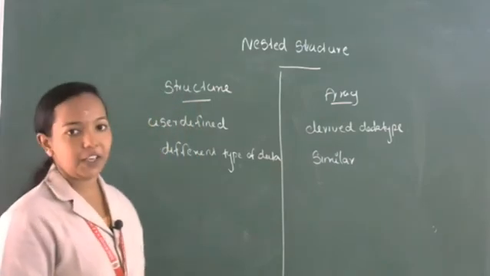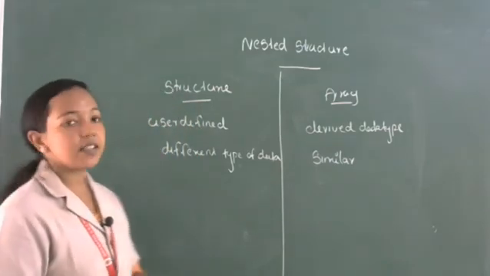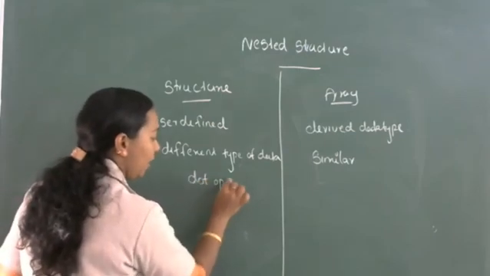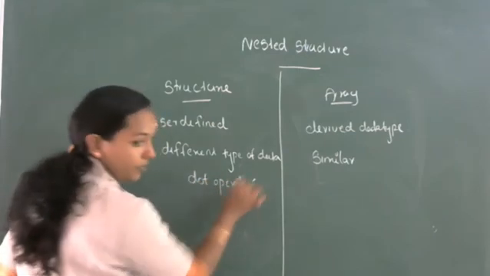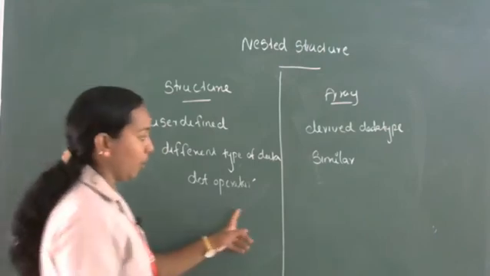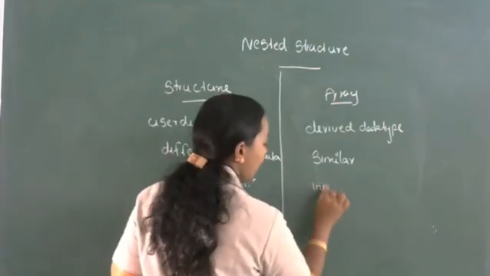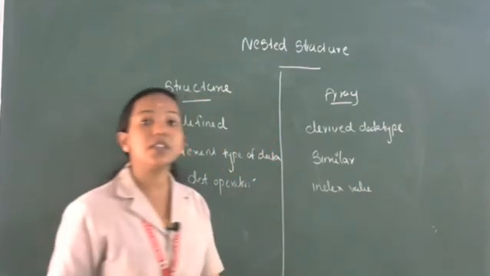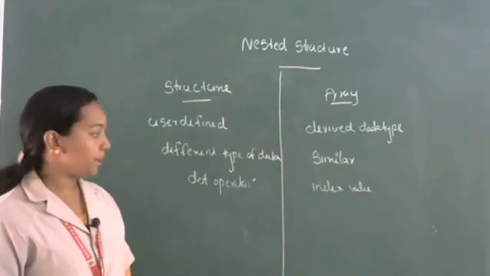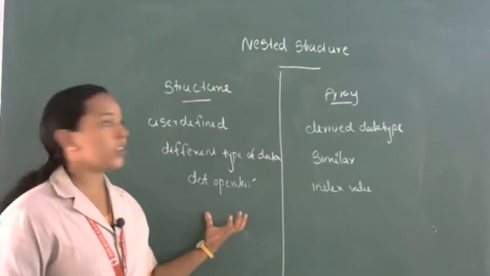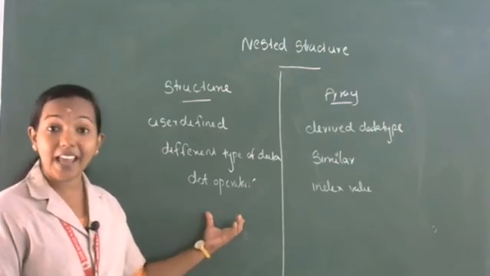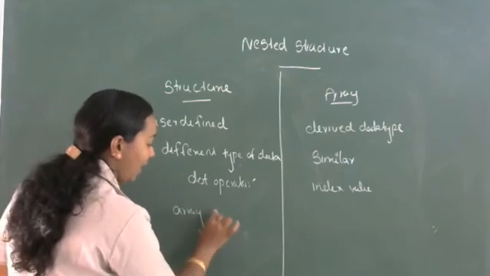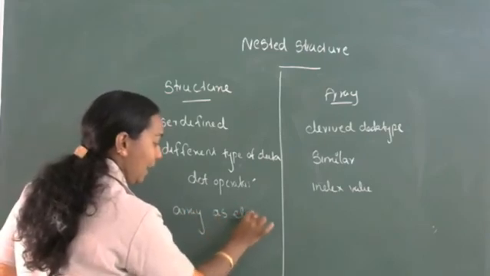For accessing structure elements we are using a special operator called the dot operator. For arrays, we are using index values. Then normally in a structure we can use an array as an element.